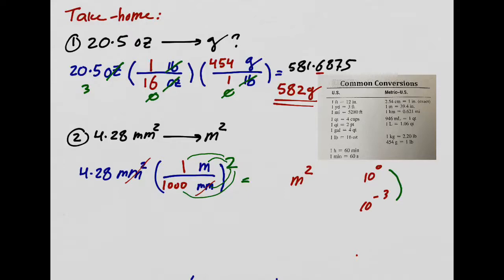Now the math. Remember, since everything gets squared, the 1,000 will also get squared. So it will be 4.28 divided by 1,000 and then divided by 1,000 again, or 4.28 divided by 1,000 squared. Now I definitely want you to take out your calculator and make sure you do this.